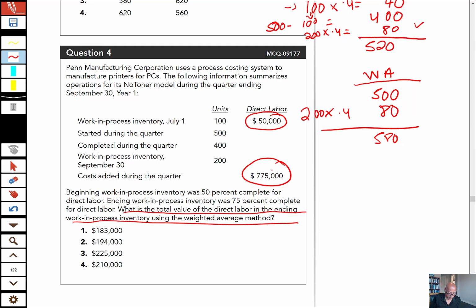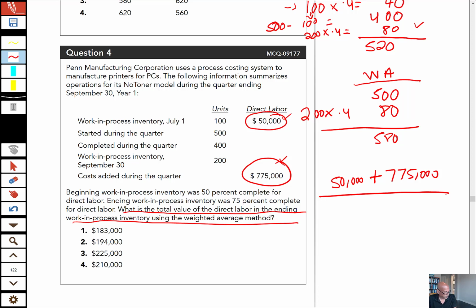I look at the question, there's dollar signs, so I know I've got to pick up one or two or both of these numbers. And since it's the weighted average method, I know in my numerator I've got to pick up both of these, the 50,000 plus the 775. Okay, so I picked both those numbers up. I know I've got to do that.